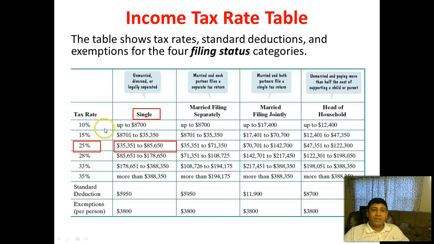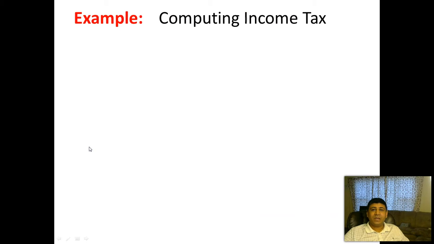So you'll multiply 0.1 to his first $8,700, and then whatever you make above $8,700 up until 35,350 will be 15%, and then whatever is left over will be your last higher tax, which will be 25%. We'll come back to this table again.